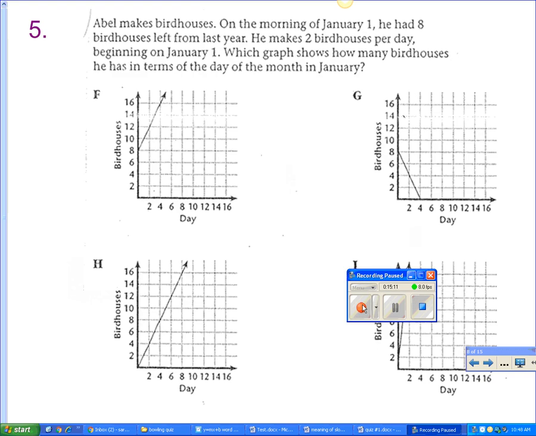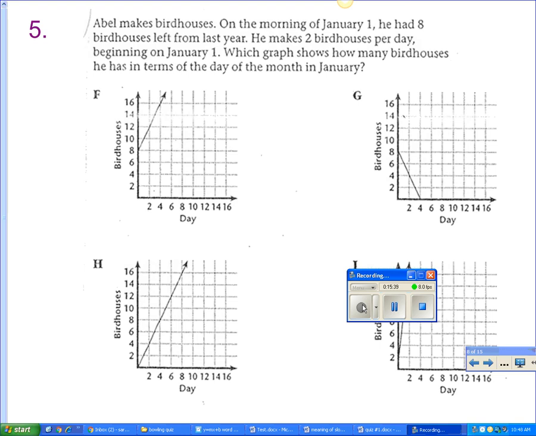Number 5. Destiny, read it for us. Good.